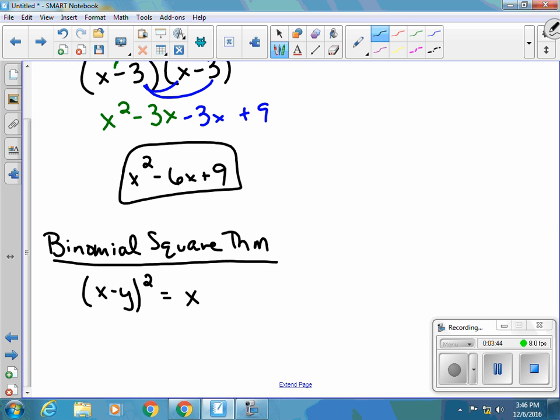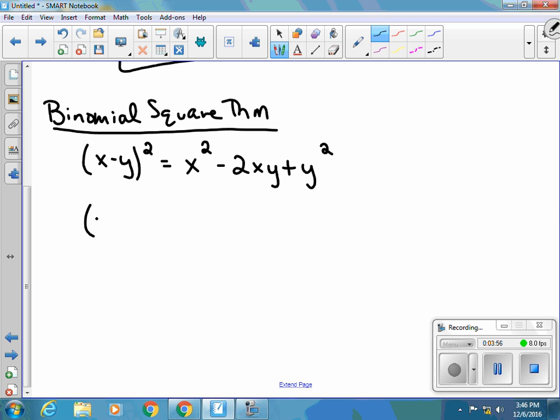Some people don't like doing it that way and like to work it out by hand. Doesn't matter. So x squared minus 2xy plus y squared. If it was x plus y, it'd be x squared plus 2xy plus y squared.